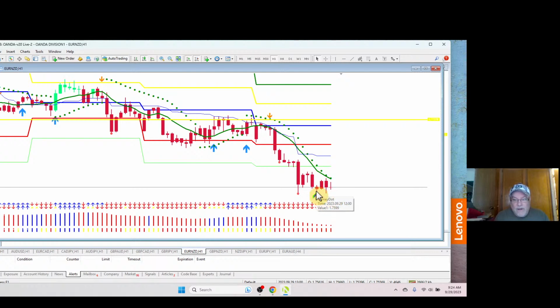That's a $6 risk on the Euro New Zealand because it's a half a size. Would have been $12 risk on a full position, $6 risk on a half a position.